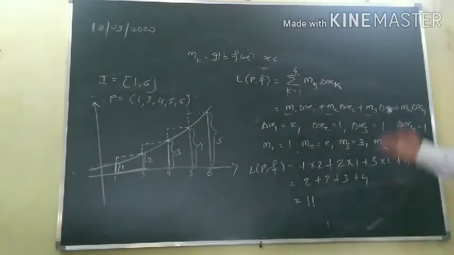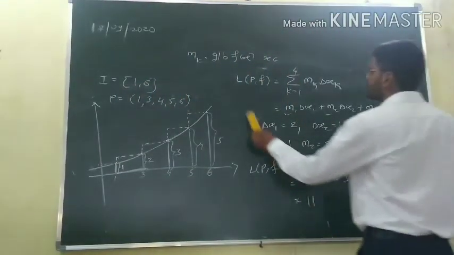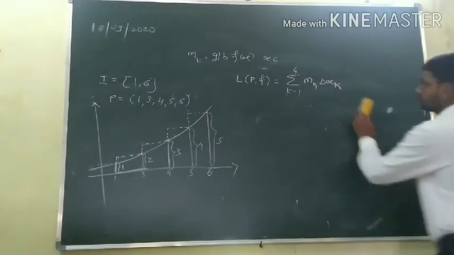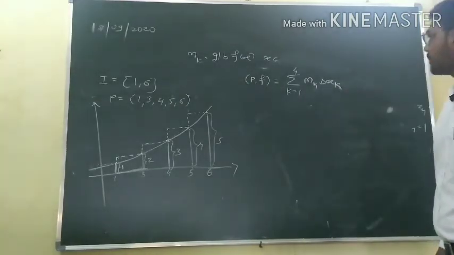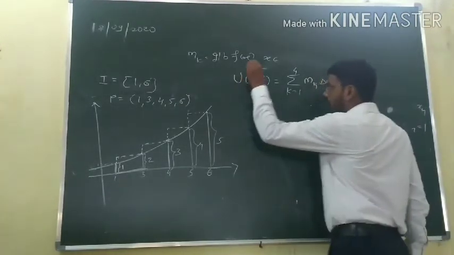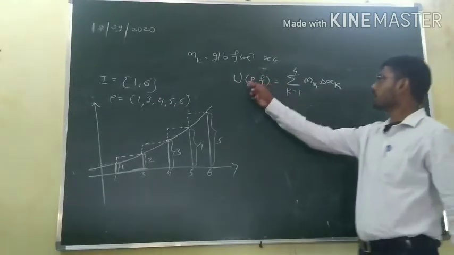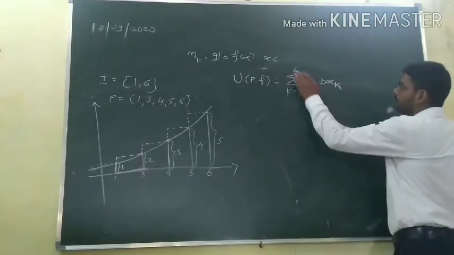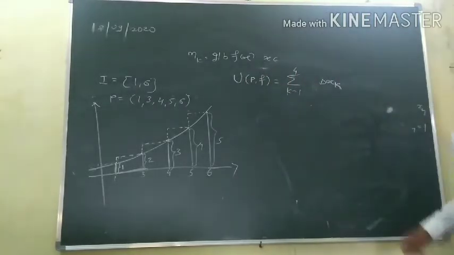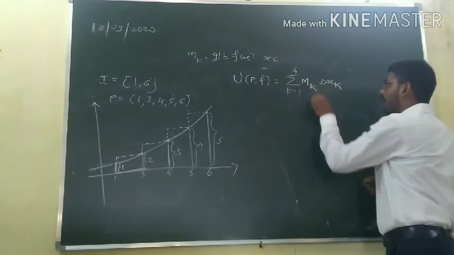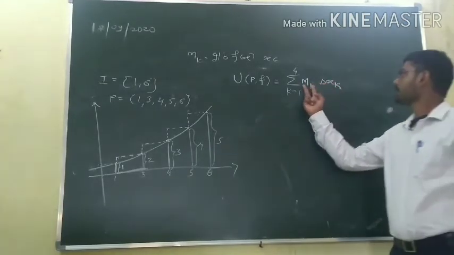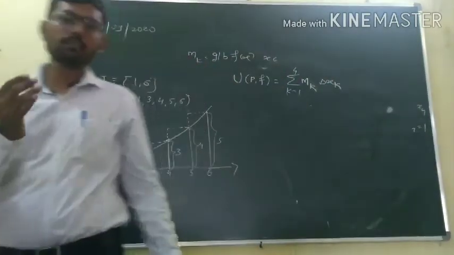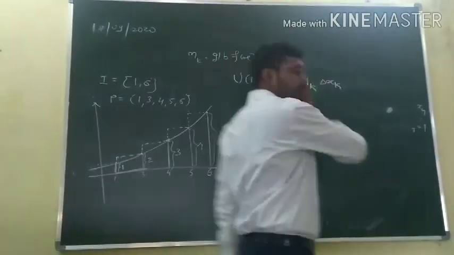This is the lower sum for this function corresponding to this partition. Okay, now similarly we will find the upper sum. Now what is the formula for the upper sum? The upper sum for the function f corresponding to partition P is nothing but the sum of the product of capital Mk and delta xk, where capital Mk is nothing but the least upper bound or maximum value of the function in that corresponding subinterval.